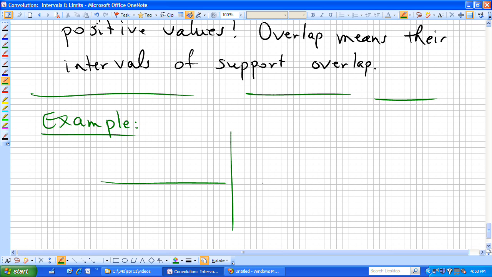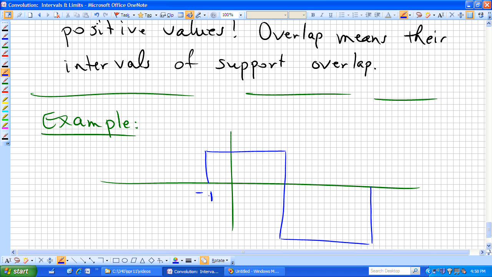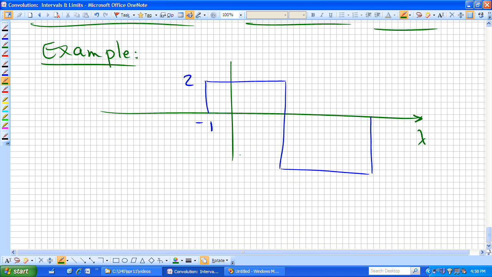Suppose that somebody gave you the following, and maybe they said, here's your h of t. Maybe it starts at minus 1 and it is 2. Then lambda goes negative, maybe by a value of minus 4, all the way up to 8, and maybe it transitions right at 3.